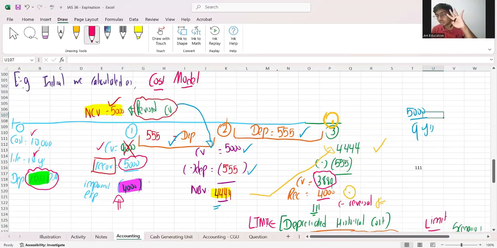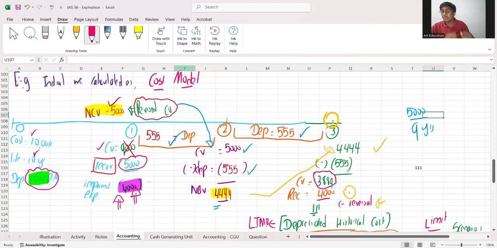Now you need to understand that in year three, your carrying value is not overstated, right? So you don't need to do any impairment, nothing at all. What you need to do is reverse the impairment you recognized earlier.